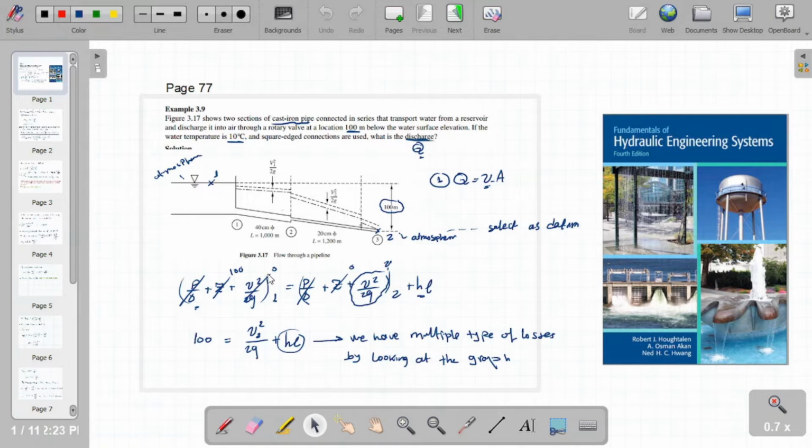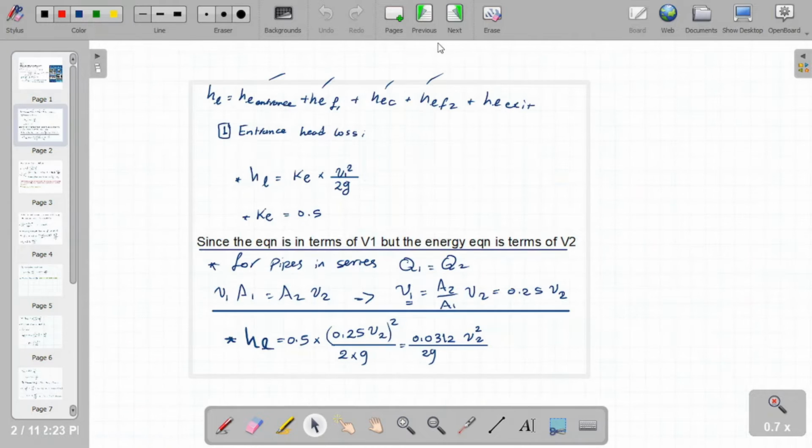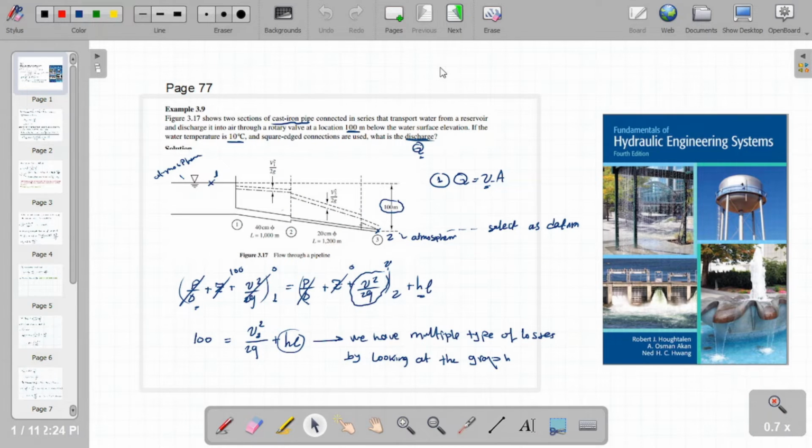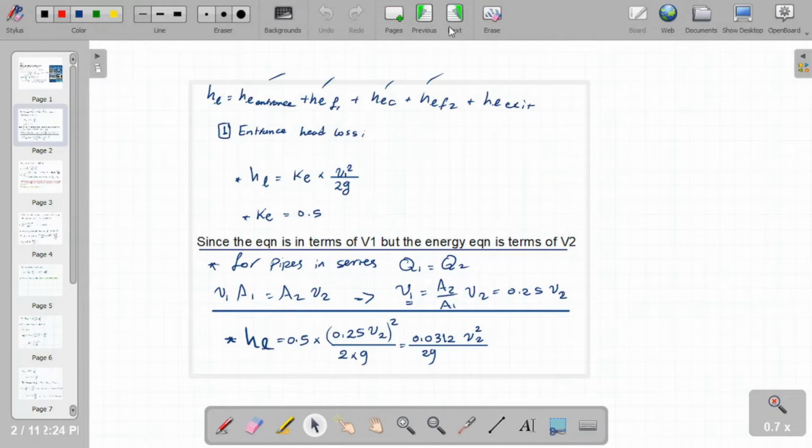So now we have two unknowns, and two unknowns with one equation can't really be solved. So in order to solve this equation, we need to write this in terms of V2 somehow, right?